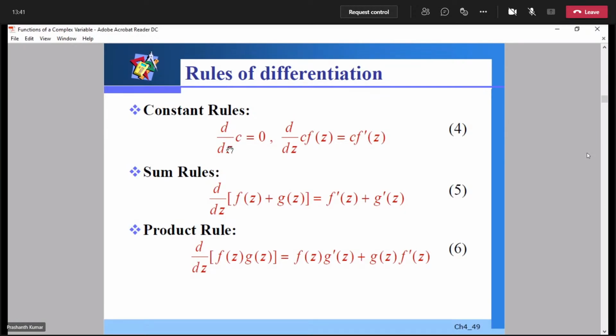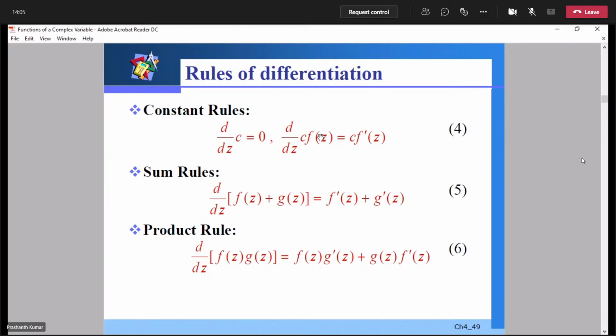Here also the derivative of the constant function is 0. And for the derivative of a function multiplied by a constant, you take the constant outside and differentiate the function; both are equal.